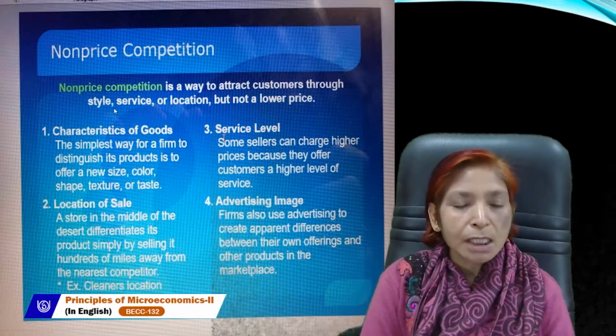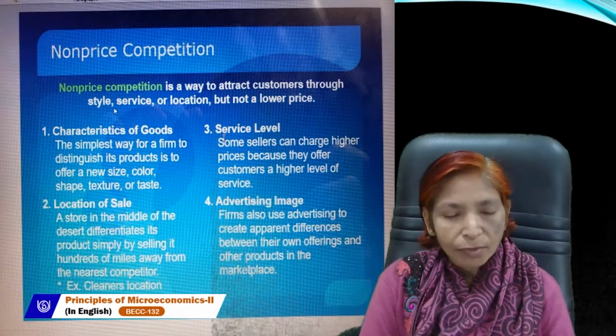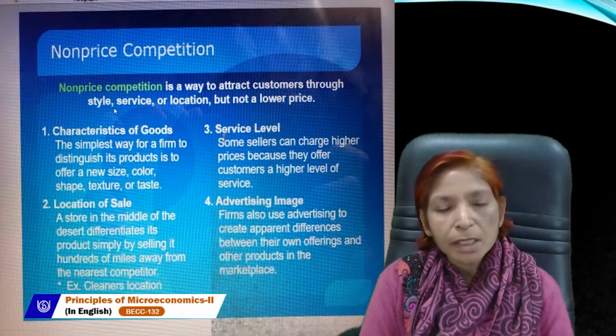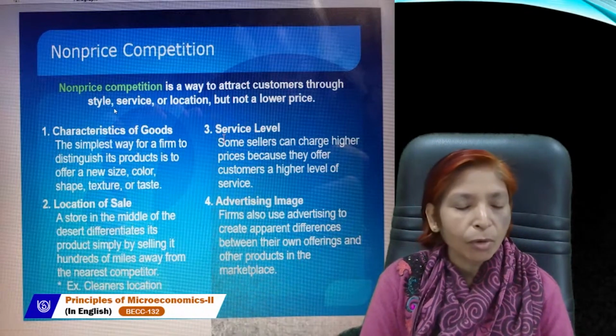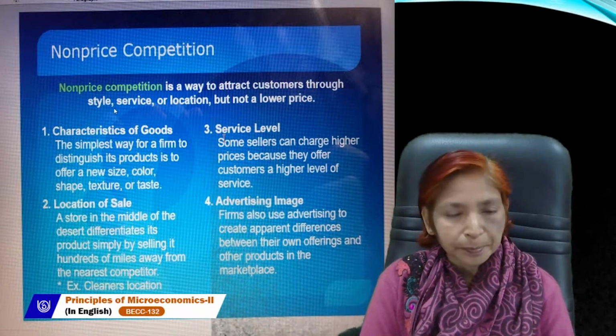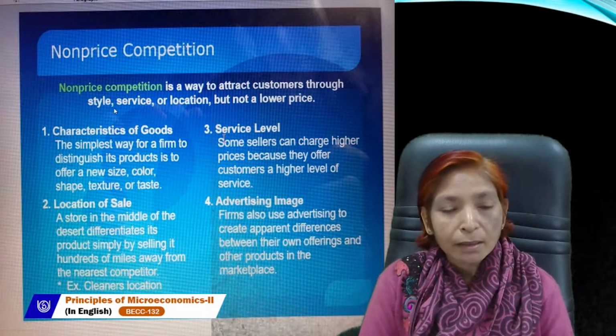That's why these firms do not differentiate the prices of their products too much. There is a very slight difference between these companies' product prices, like 1 rupee 50 paisa or 2 rupees. But the firm wants to attract the customer.